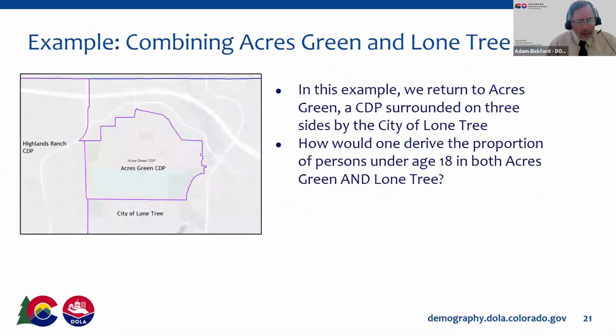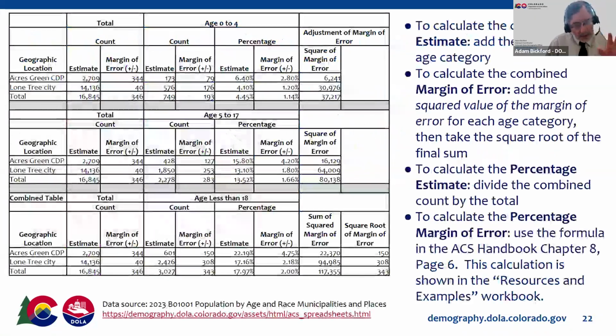Okay, we're returning to Acres Green, and here, we're again Acres Green surrounded on 3 sides by Lone Tree. So how do you derive the population of persons under 18 in both Acres Green and Lone Tree? So this example is part of the resources and example spreadsheet up on our website.